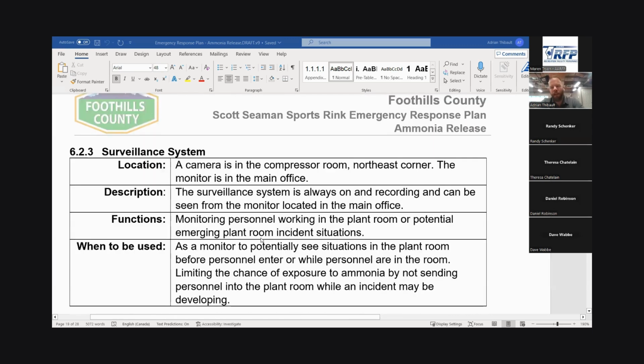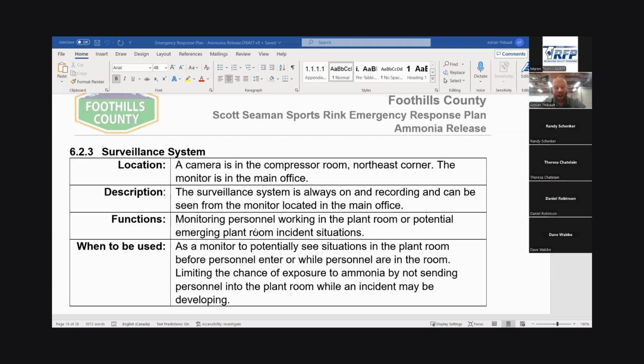Surveillance system. If you have a surveillance system in your facility and you don't have cameras in your plant room, I recommend you do, and that you have access to those cameras. This can tell you a lot without having to enter that room. Right? You can look at that camera and say, I don't see anything because there's a big white cloud, and then you know no one's going in there for a very long time.